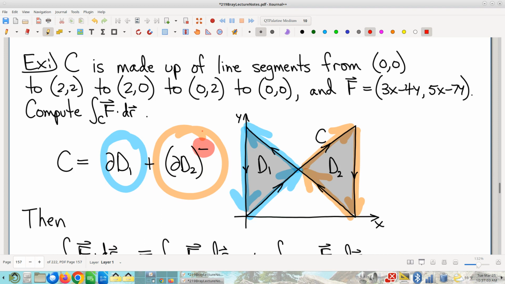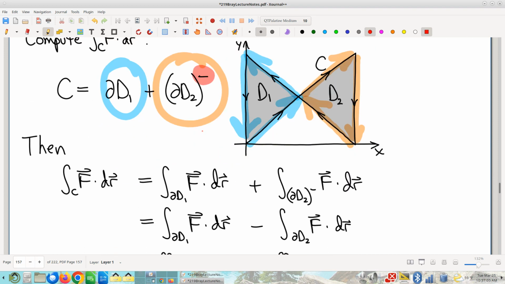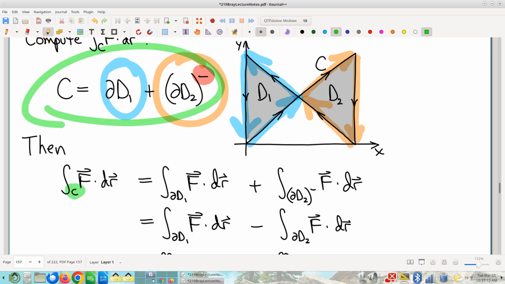Okay, so that being said, now all together, the actual curve that I was given, this total curve, is, let's see here, that blue curve plus this orange curve. And that orange curve, keep in mind, is just an opposite orientation on the boundary of D2. So you just pop that little minus sign out.